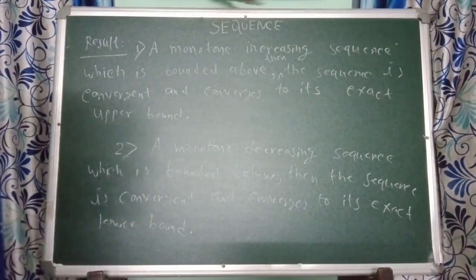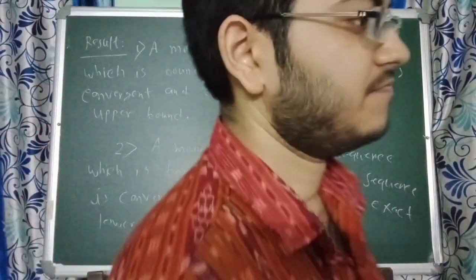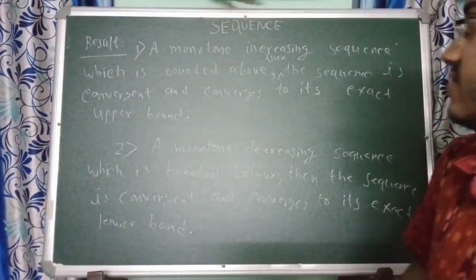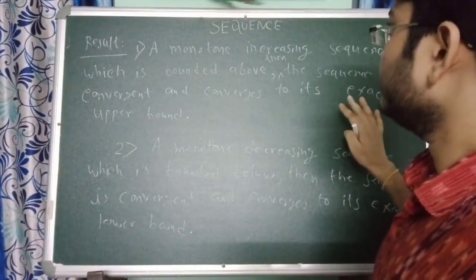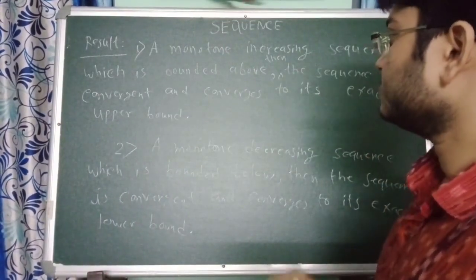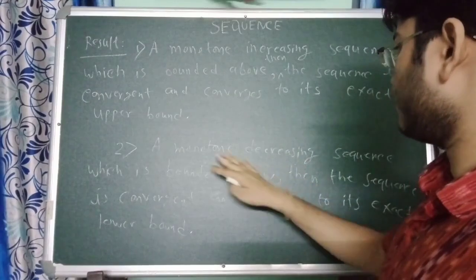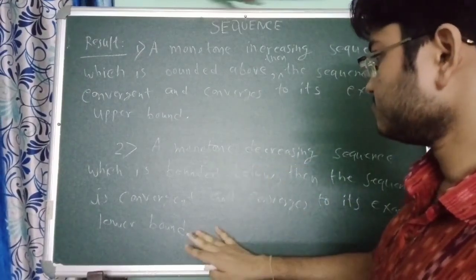This is a very important result for showing that a monotone increasing sequence is convergent and a monotone decreasing sequence is convergent.